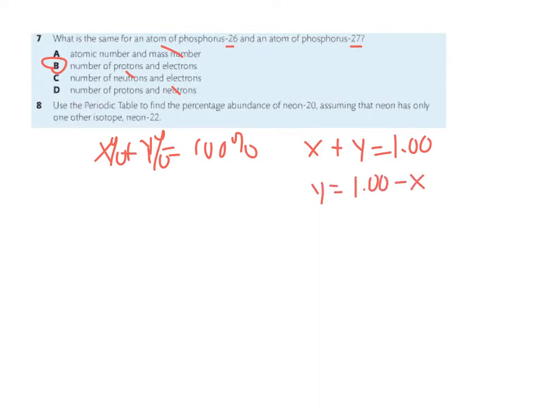So knowing this, if I have X percent of 20, and I add it with Y percent of 22, that should give me whatever neon's average atomic mass is, 20.18.